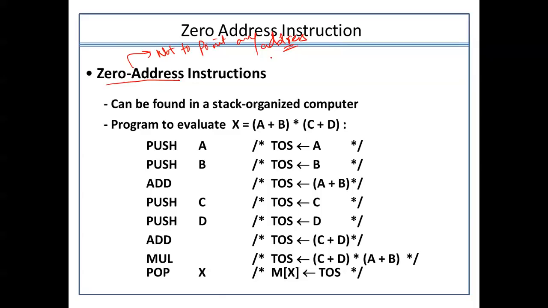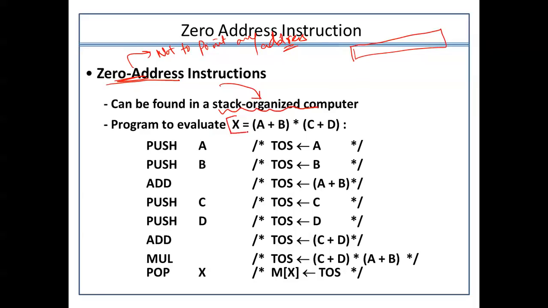I will be pointing to the addresses, but not in the manner I used to do in the instruction formats. This type of zero address instruction is also known as stack organized computers or stack organization.